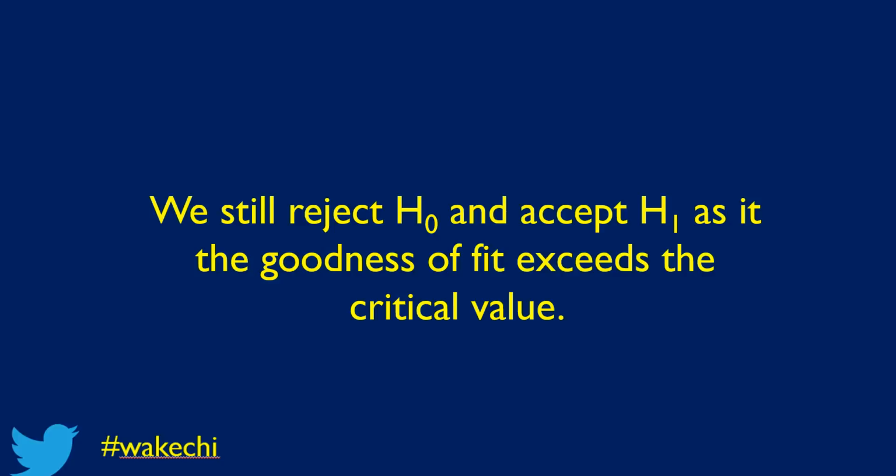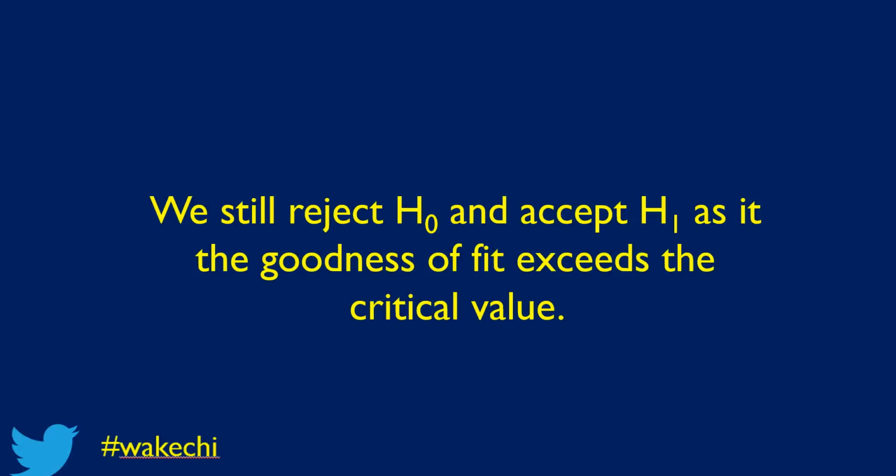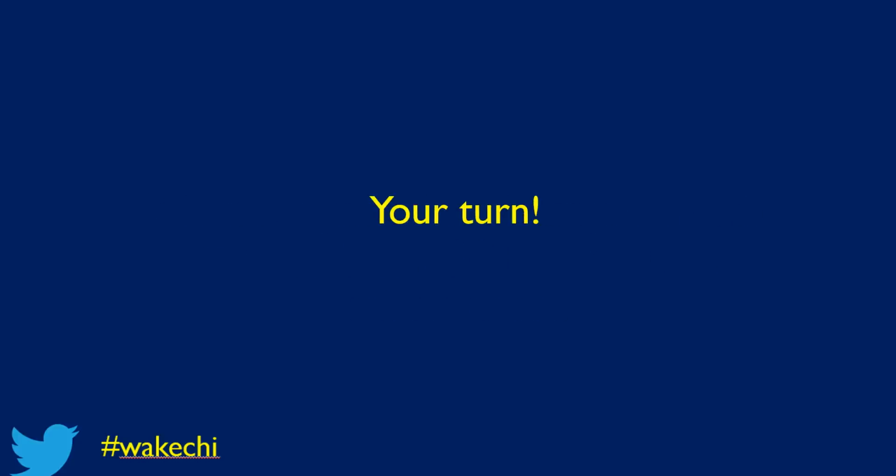We're still going to reject H0 because 21 exceeds that value of 13.277. So even if we want to be 99% certain that it's not just anomalies in our data, it still does not look good for a discrete uniform distribution model, as it exceeds the critical value.